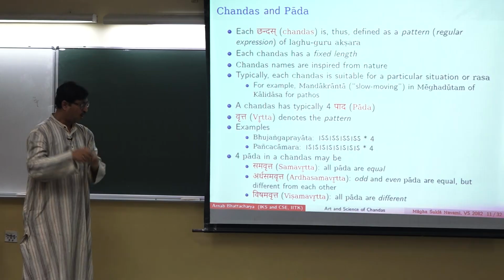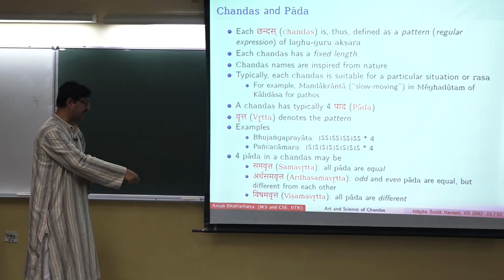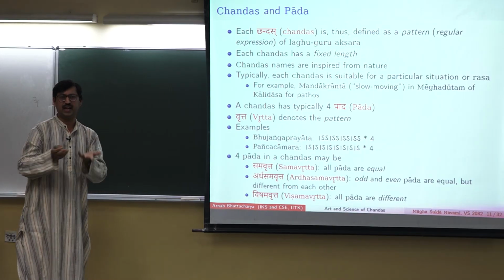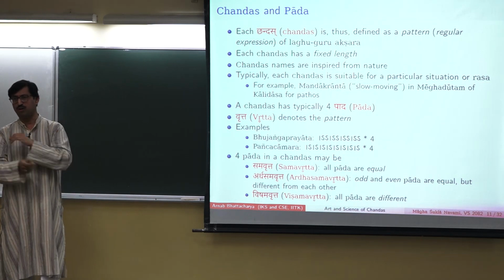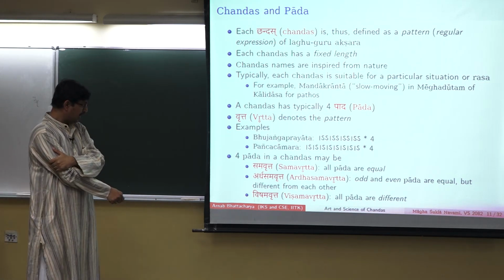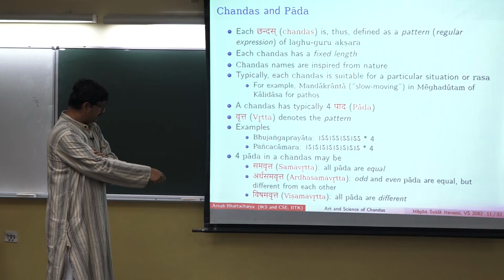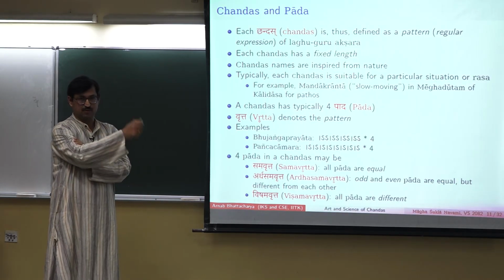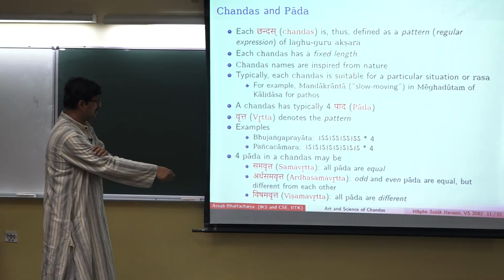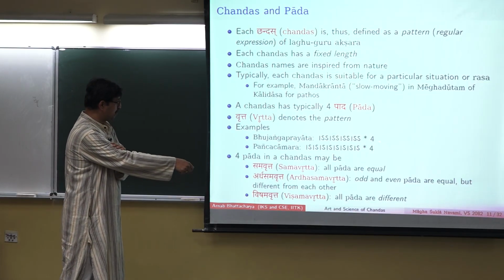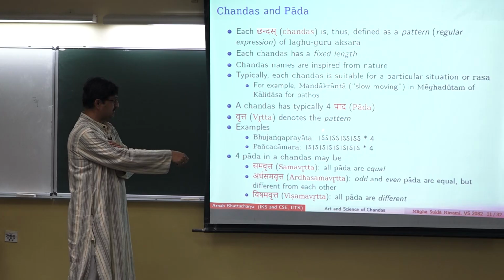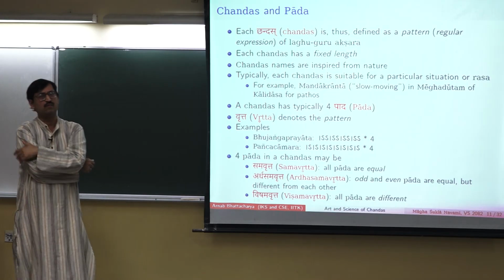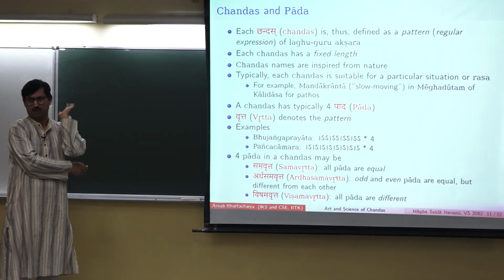You can change it. Or you can have the most generic thing, vishamavritta. And then there are again beautiful examples of all of them. Okay? But for this talk at least let's just focus on the samavritta because it's easier to understand, and so by assuming samavritta you take out these 4 and you're just worried about this first pada. Whatever happens for the first pada happens for all the 4 padas.